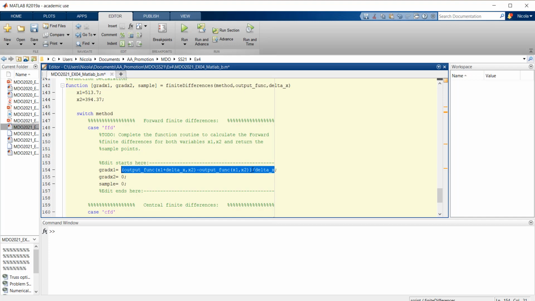For the approximate gradient with respect to x2, we got basically the same, just that we keep x1 fixed and change x2. Now the sample in this case is x1 plus delta x and x1.